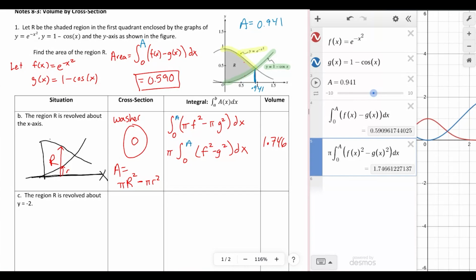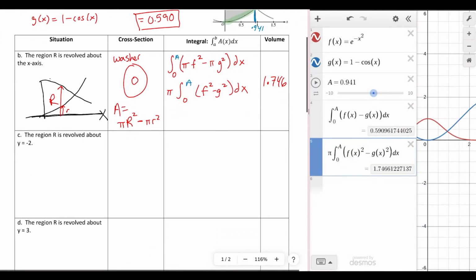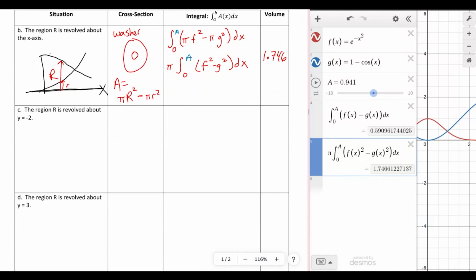So this is another thing we talked about last time. In the first case here on part C, the axis of revolution is below the region, so make a little note here.